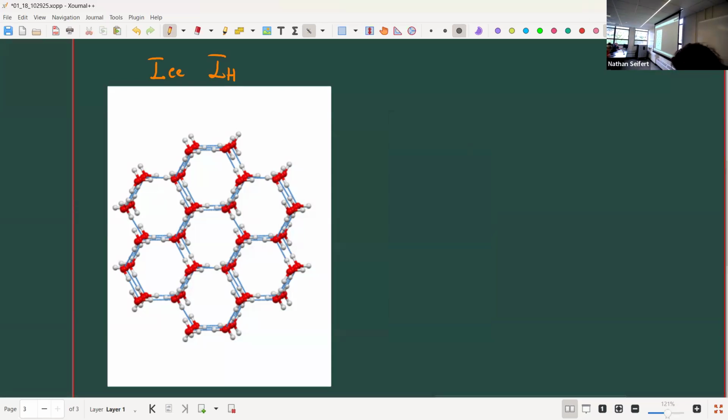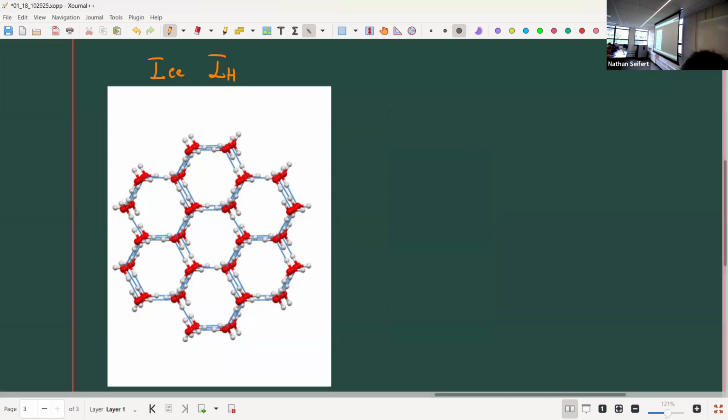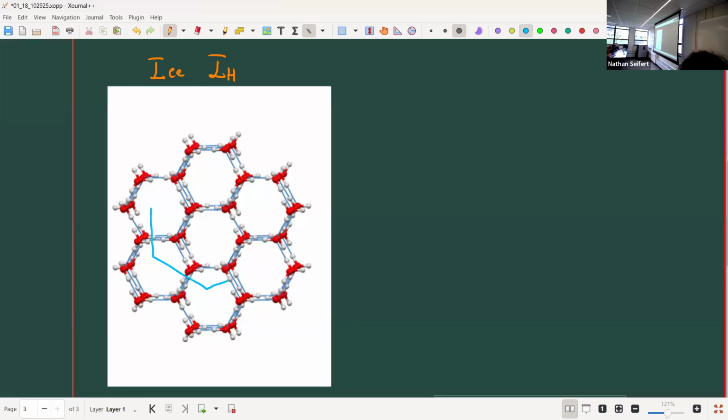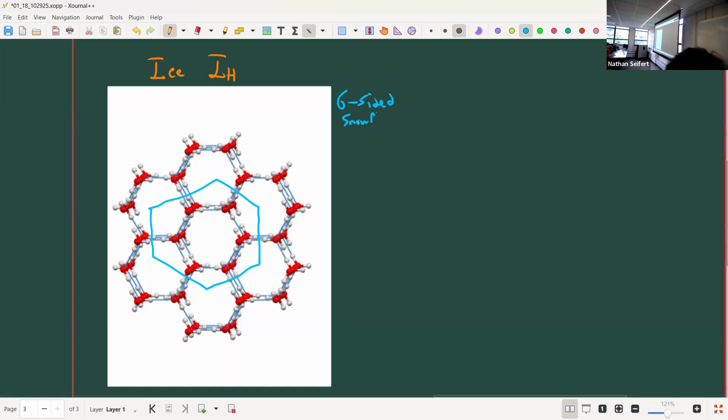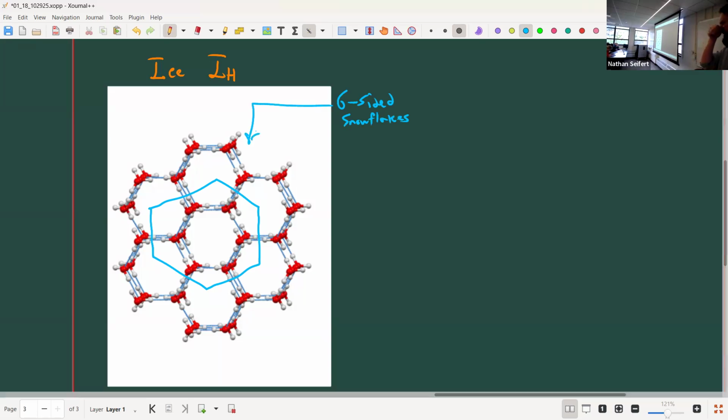And you can see that if I were to draw a little diagram here, this has six-fold symmetry. It's got that six-fold hexagonal symmetry. This leads, of course, to our six-sided snowflakes. But this is only stable at a small set of conditions.